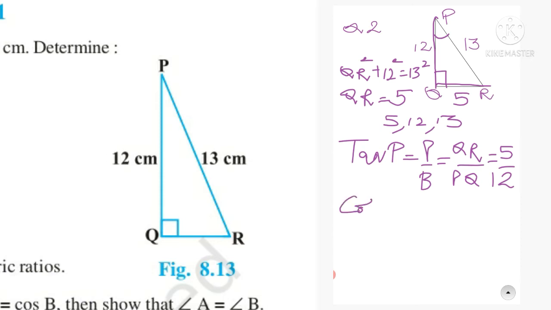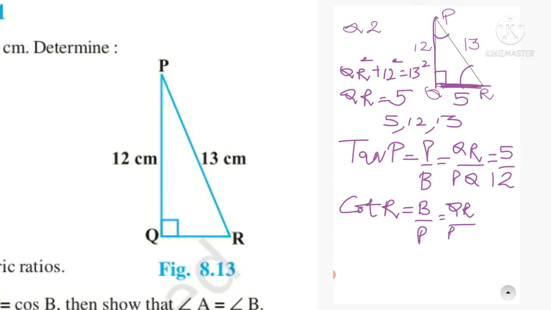Now let us find out the value of cot R. Let us first write down the formula. "Proper brush" in reverse order, because it is the reciprocal of tangent. So reciprocal of tangent, that is B by P. Now the angle we are considering is R, so our base becomes QR. As I just told you, the line joining the right angle to the angle which we are considering is the base.